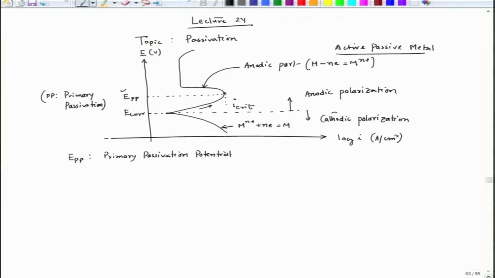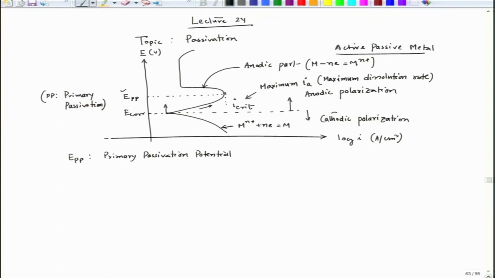Once this is reached, this is basically the maximum I A that is possible, the maximum dissolution rate when we go from E corr towards the positive side.